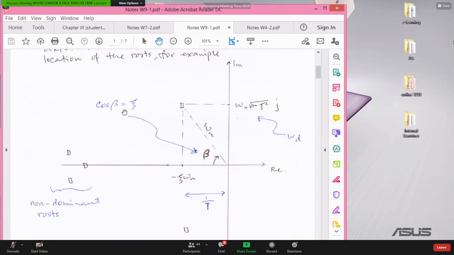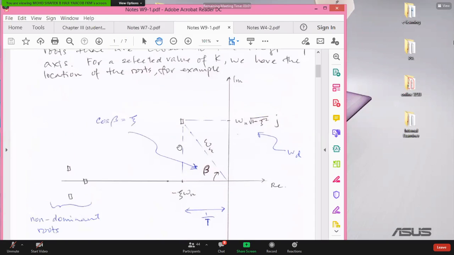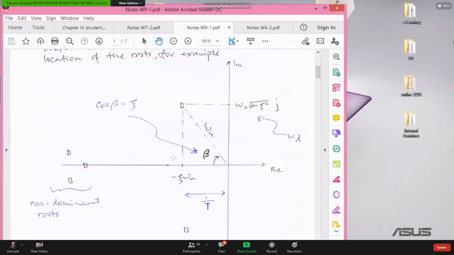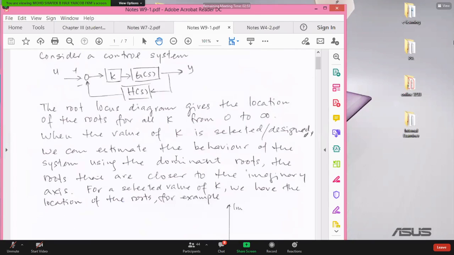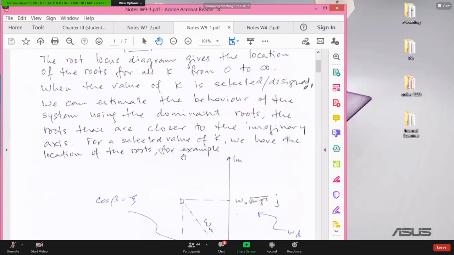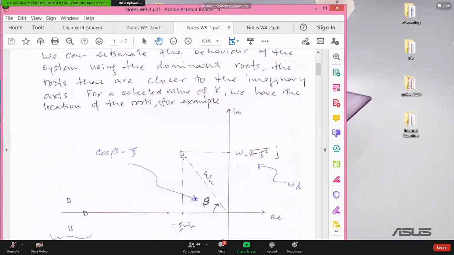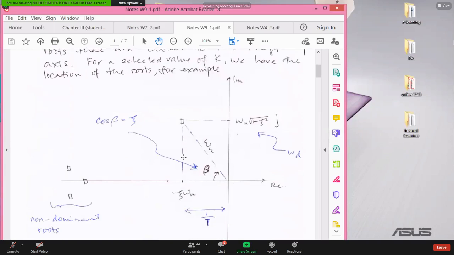So there's an inverse relationship between zeta and beta. Okay, so that is how you interpret the root locus diagram. I know there's a lot to process. Never mind. When we look at an example, then everything is going to be clear.